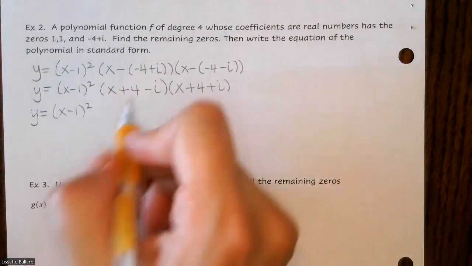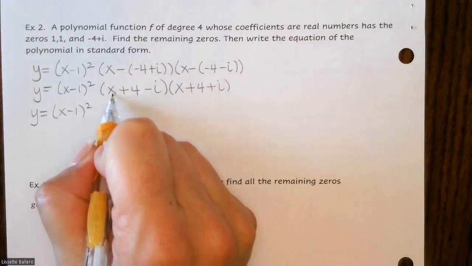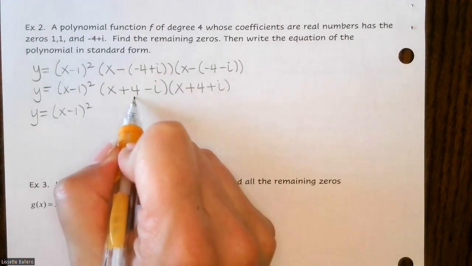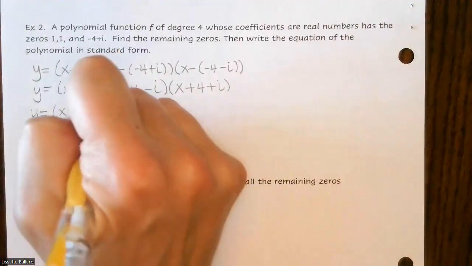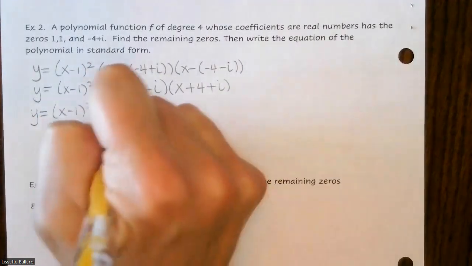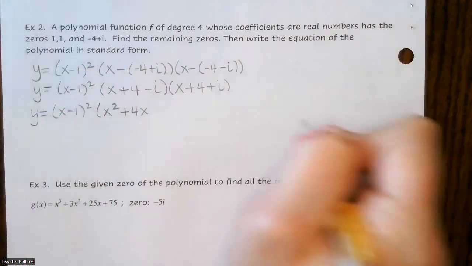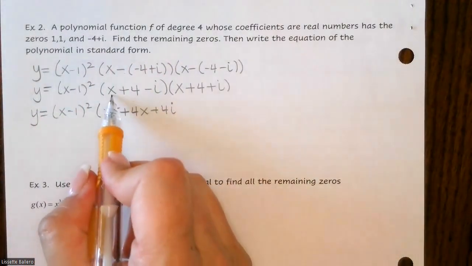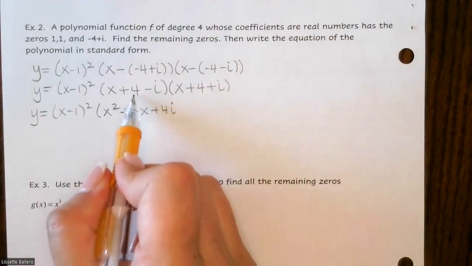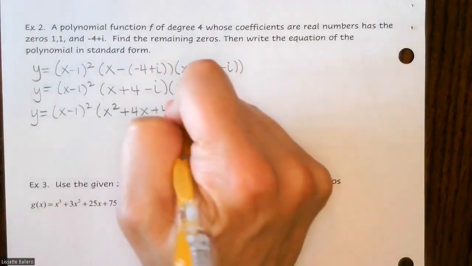And so this is where we would want to multiply this out. We're going to distribute that x to everything in there, the 4 to everything in the other one, and then the negative i to everything in the other one. So x times x gives me x squared, 4x, and 4i. I just distributed that x to everything in there. Now I'm going to distribute the 4 to everything in there.